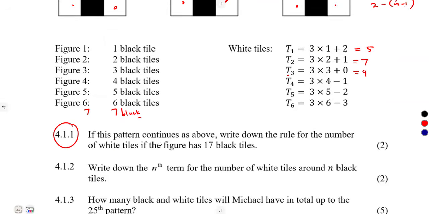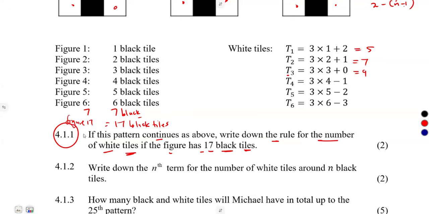4.11, if this pattern continues as above, write down the rule for the number of white tiles if the figure has 17 black tiles. 17. So if the figure has got 17, remember the black tiles correspond like figure 1 black, figure 2 black. So if we are talking about 17 black tiles in this case, it means the corresponding figure was what?